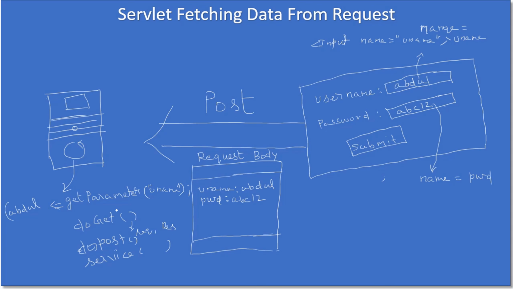As already told, if the method is post, we will be processing the request in doPost, and if the method is get, we will be processing it in doGet. But the service method is common for both doGet and doPost. If you want a different implementation for doGet and doPost, then you can override both these methods.